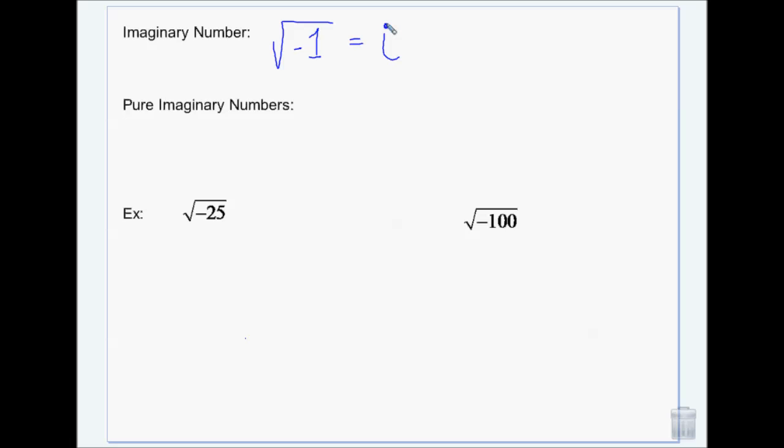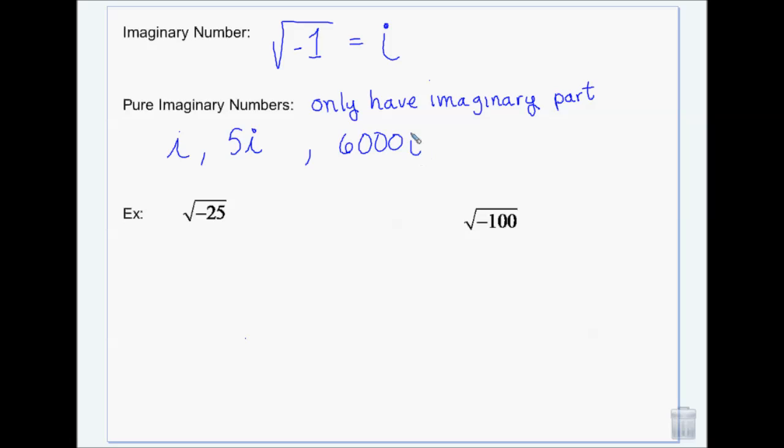Now, pure imaginary numbers are only imaginary. So you have i, or maybe 5 times i, or maybe 6,000 i.